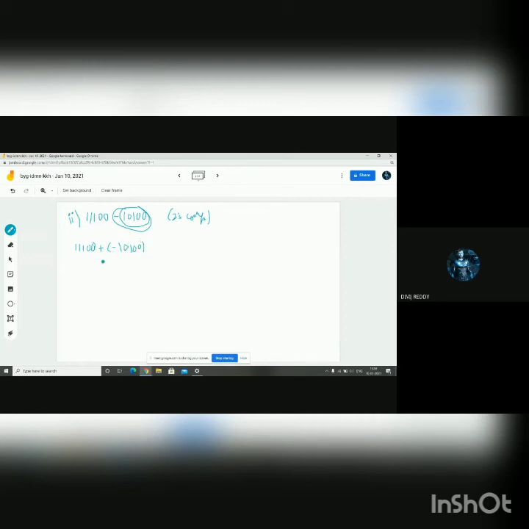So this is a negative binary number. To represent it in a normal binary form, we use the two's complement method. That is, we have to take its ones complement and add 1 to it.